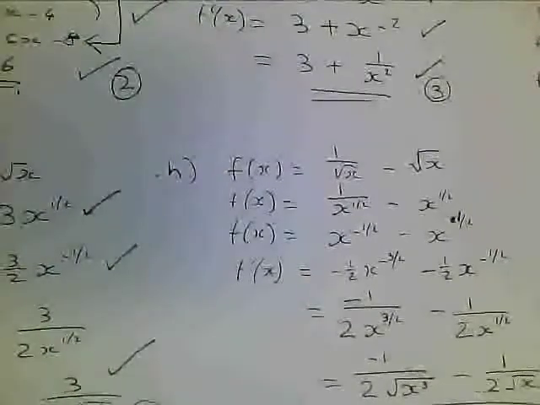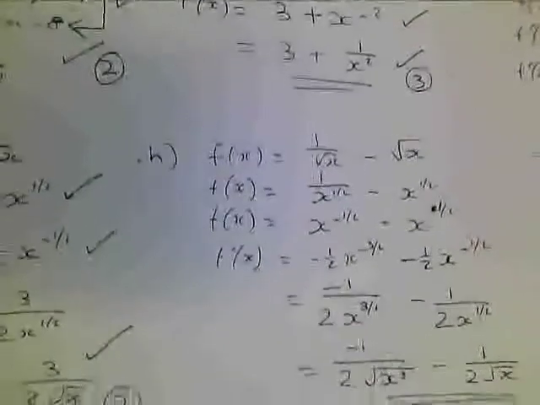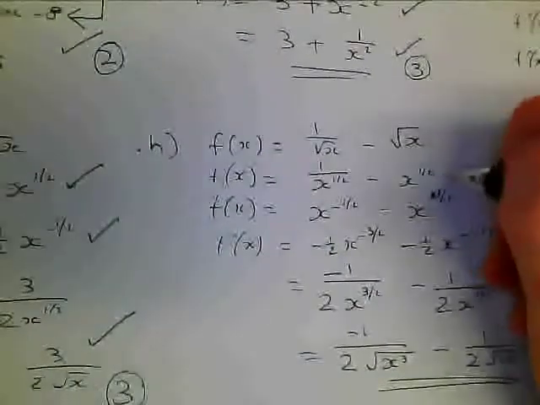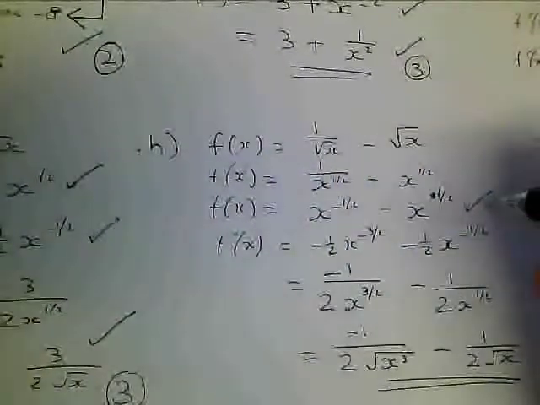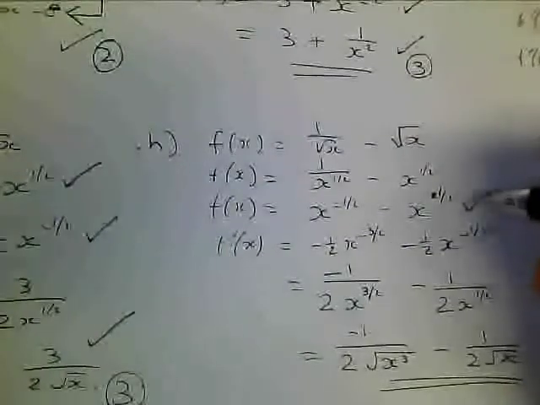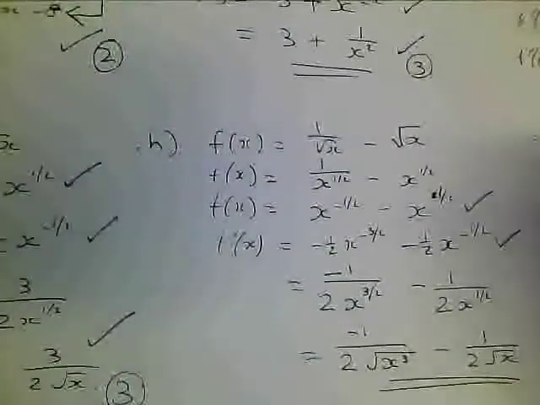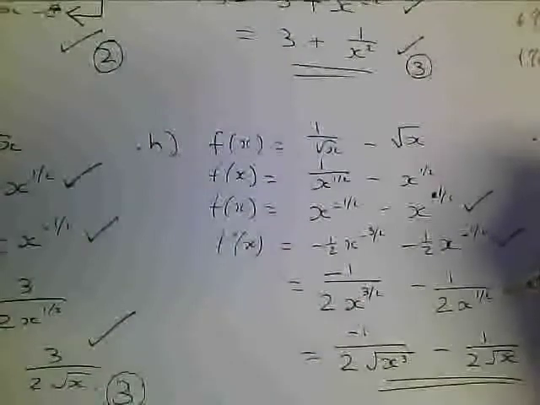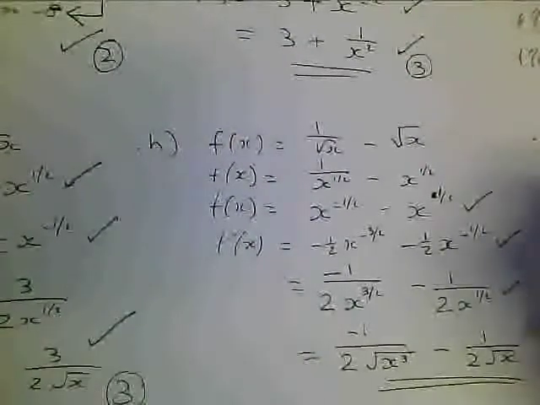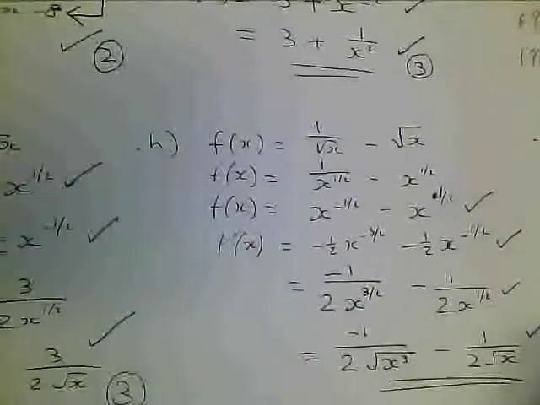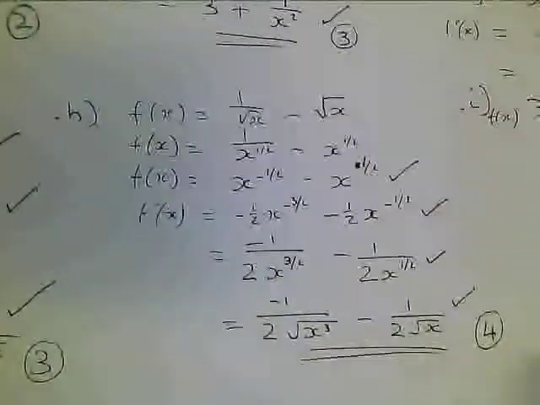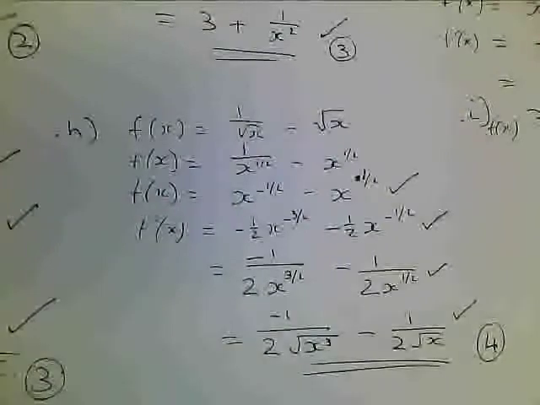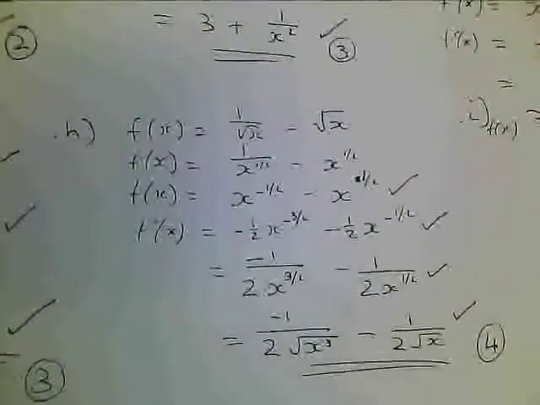I'm going to give a few marks for this one because there's quite a lot involved. 1 mark for preparing it correctly, that's getting to here, x to the minus a half, x to the half. 1 mark for correct differentiation, 1 mark for correctly getting the x's back under, and 1 mark for the final tidying up. So I'm giving you 4 for that one, just being a little bit kind. You can see that there. Pause the video if you need to look at it more.